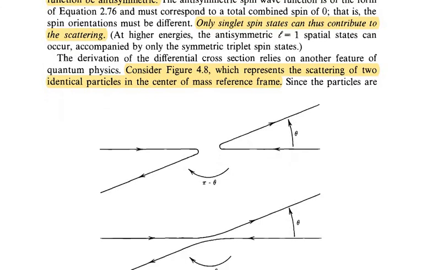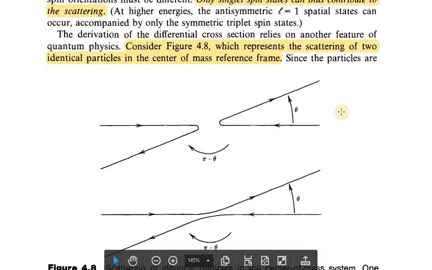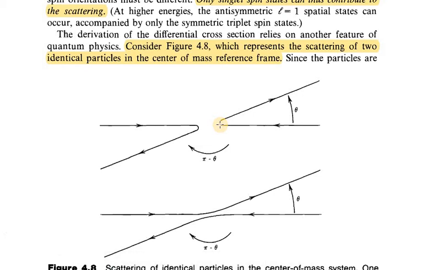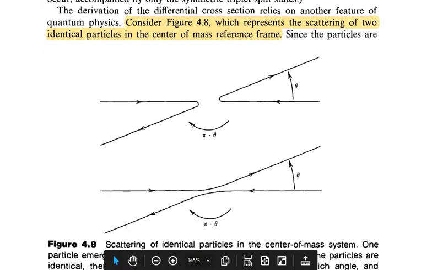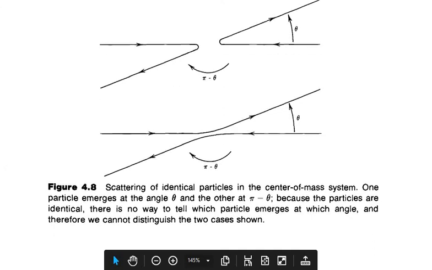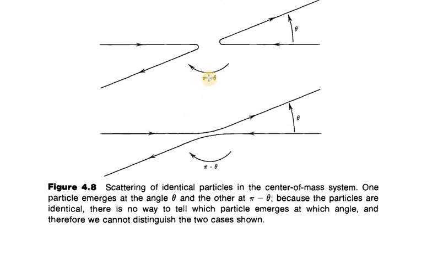Consider this figure, which represents the scattering of two identical particles in the center of mass reference frame. One particle emerges at the angle theta and the other at pi minus theta.